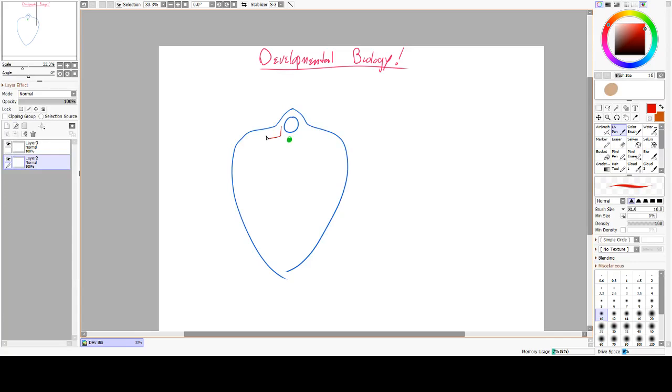We're starting to get these little divisions in the mesoderm. I'll tell you why here in a second. Let me get these drawn. Boop. Then of course we still have the endoderm.